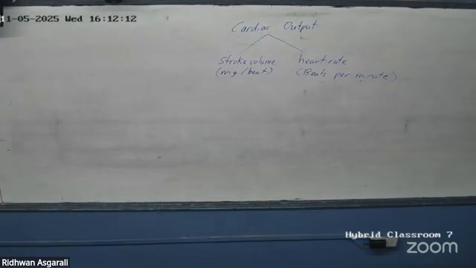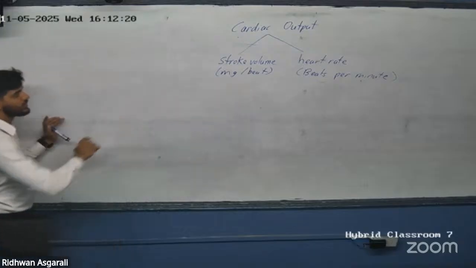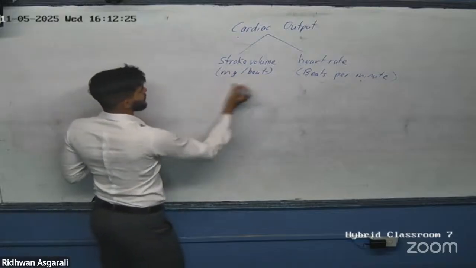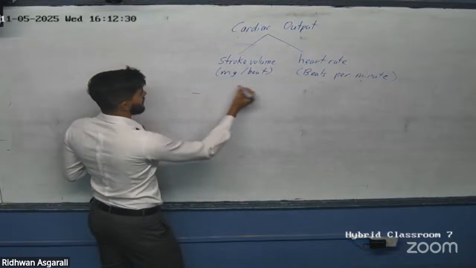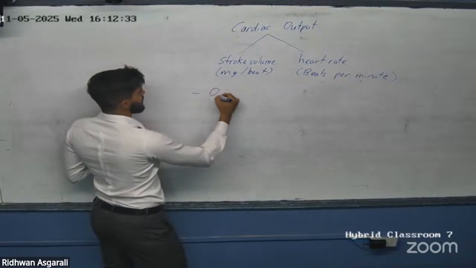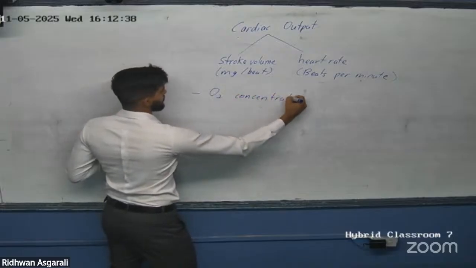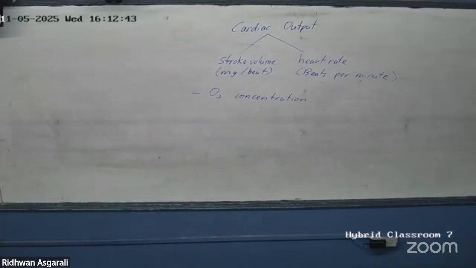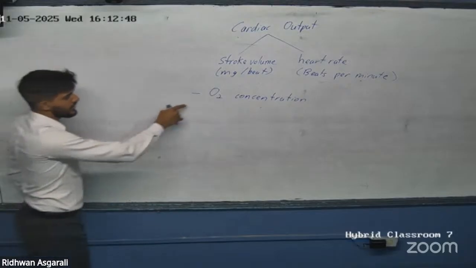Okay, so yeah, the cardiac output would be influenced by these two factors. Now, these factors are influenced by other things as well. The first one, so stroke volume and your heart rate, more in particular, your heart rate will be influenced by oxygen concentration. Okay. So let's say, for example, if you're exercising, how is the oxygen concentration in your blood?